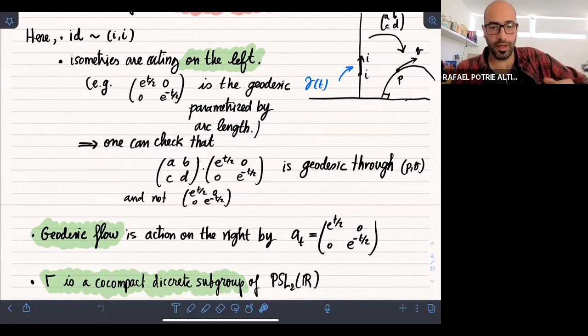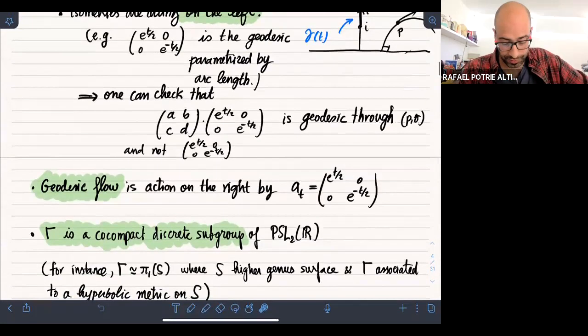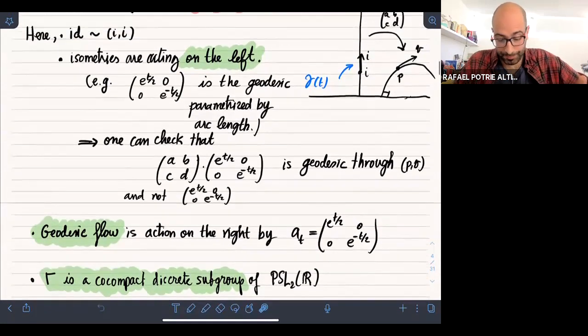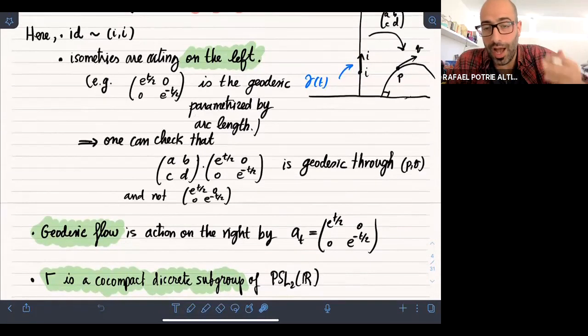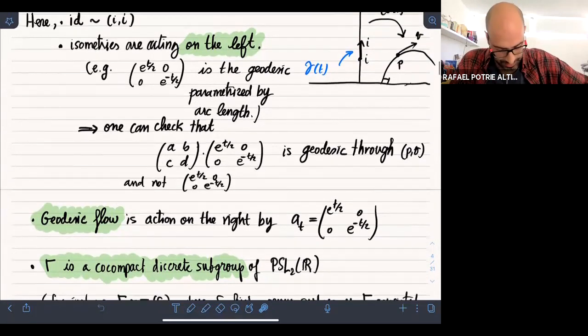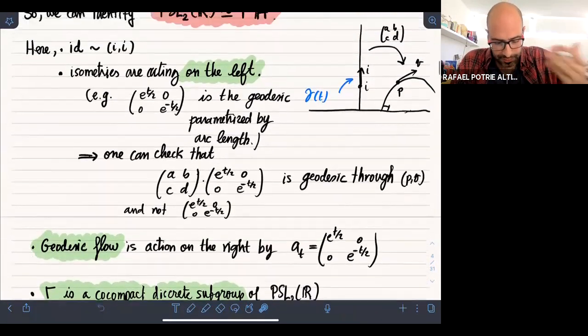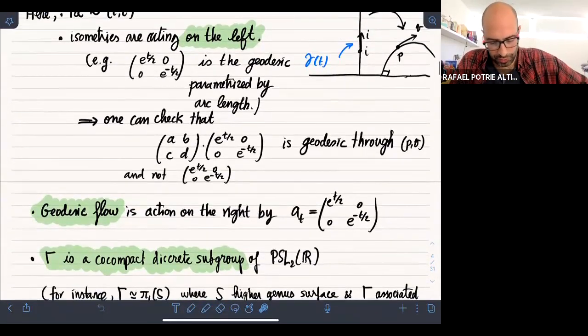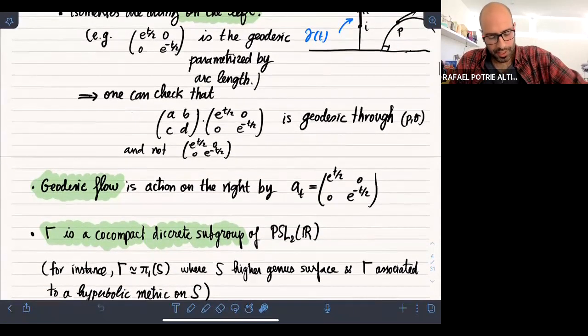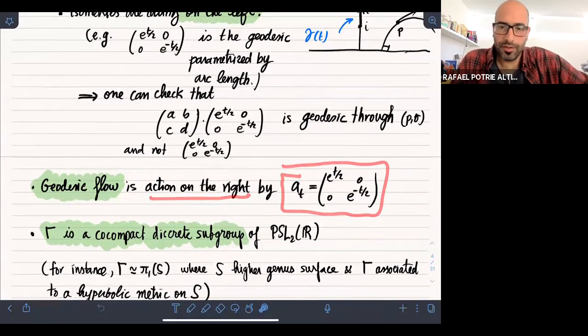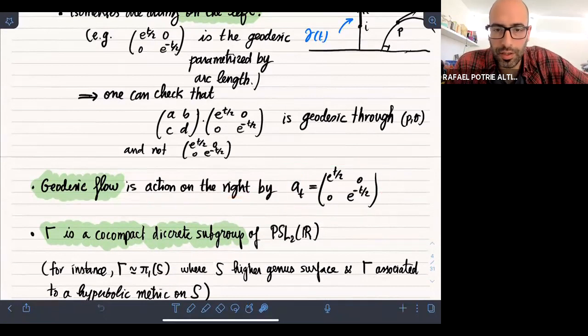So this is a way to see that therefore exactly the geodesic flow, which I won't define, you have already had some class saying this, you can check in this concrete example of constant negative curvature is the action on the right by this one-parameter subgroup of PSL2R.